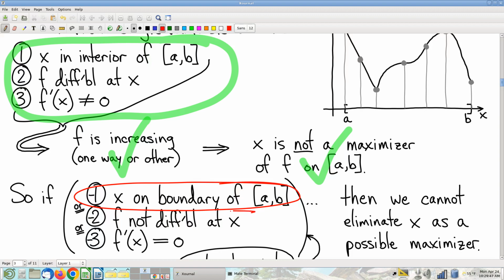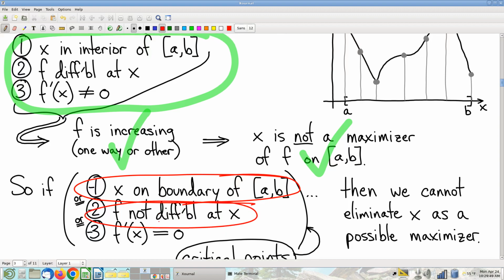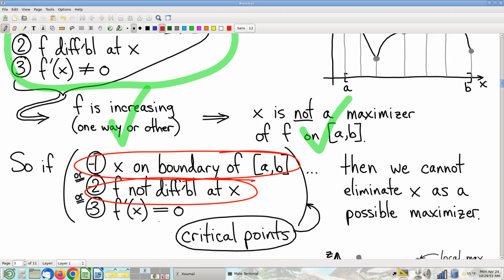Or if the function's not differentiable and therefore you can't make a reference to what the derivative tells you, there is no derivative. Or if the derivative is zero, and therefore not really telling you anything about the function increasing, because, well, zero is just kind of, nothing happens when the derivative is zero.